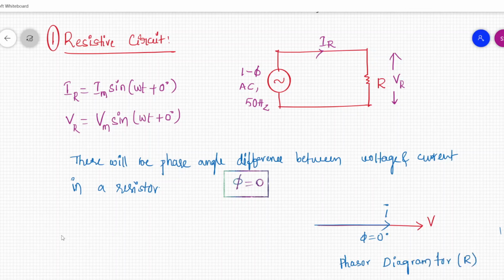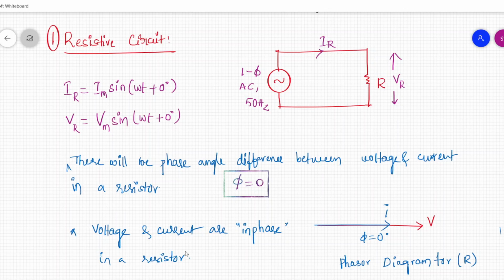Voltage and current are in phase in a resistor. So the phase angle difference is 0 here.